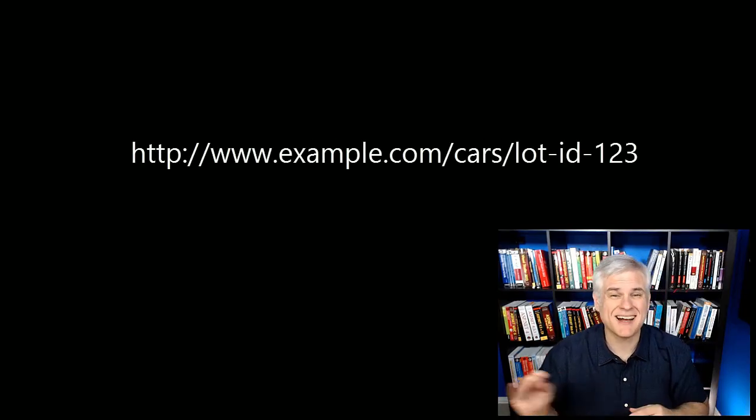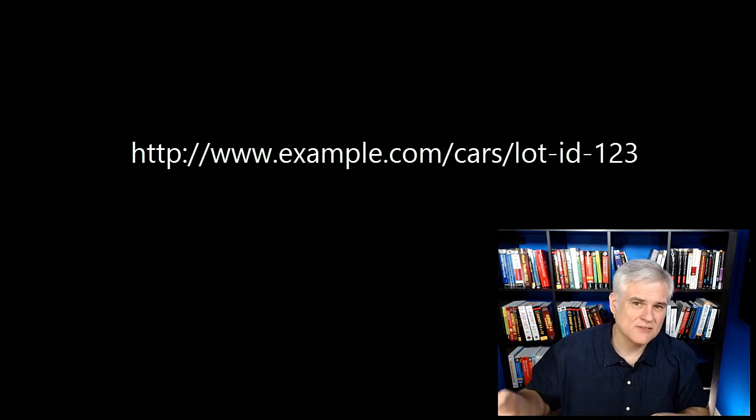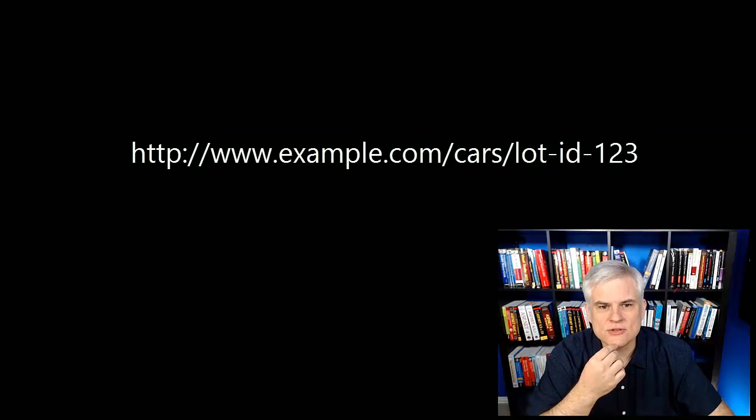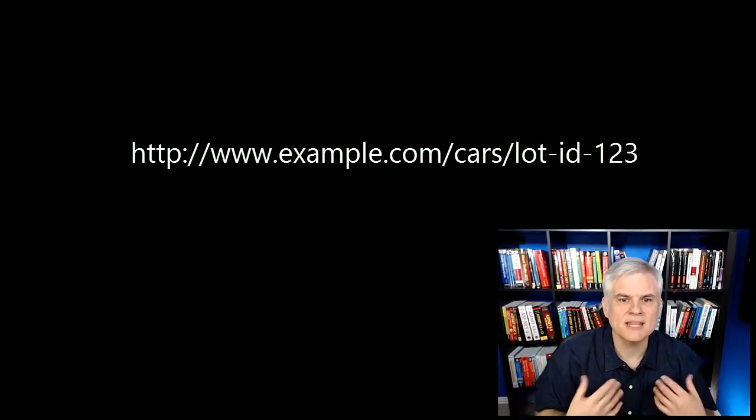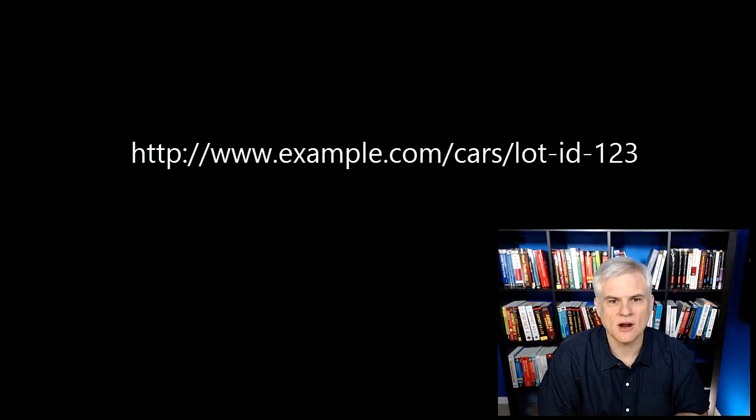So here's one spot where what we're talking about might be at odds with what's easy and convenient to do in ASP.NET MVC. By virtue of the fact that we're using the URL cars/lot-ID-123 with an HTTP GET verb, it's implied that we want the details of that particular car.